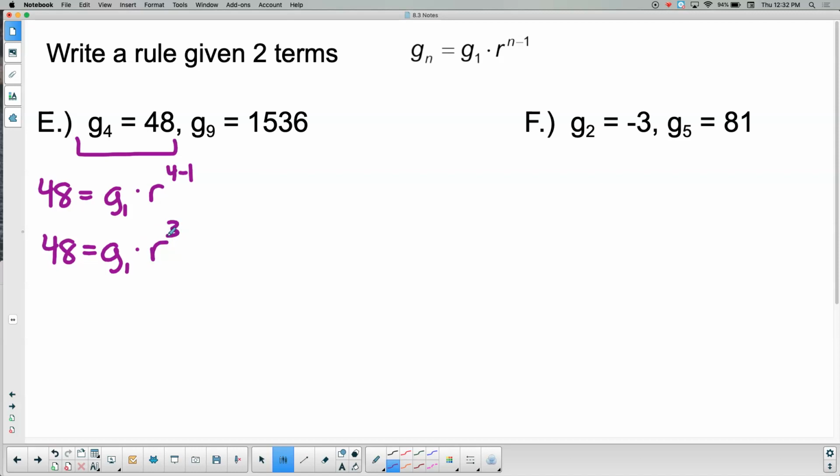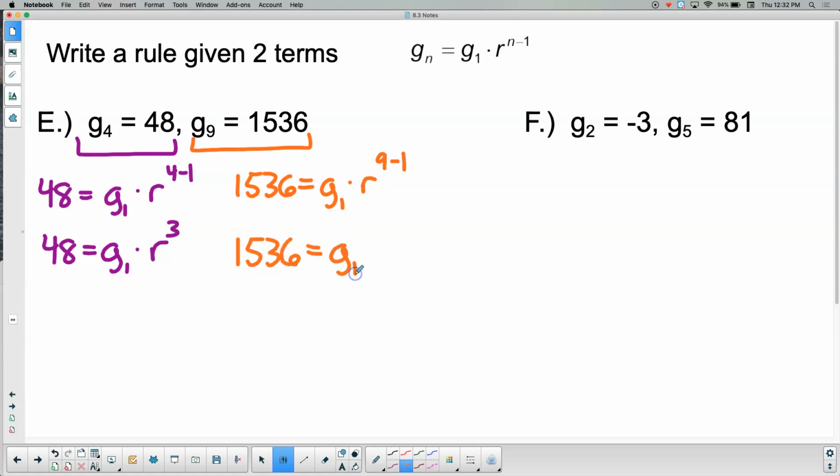My other one, 1,536, is going to equal g sub 1 times r to the 9 minus 1 power. So that's 1,536 equals g sub 1 times r to the 8th power.